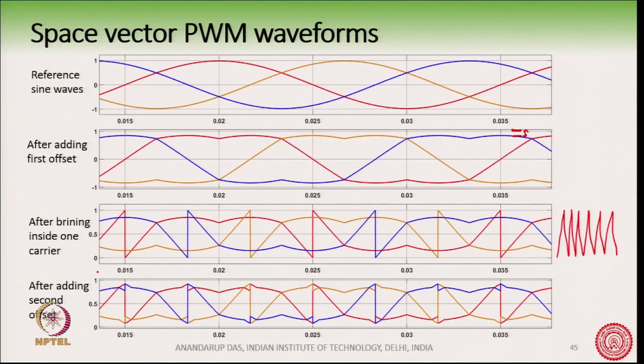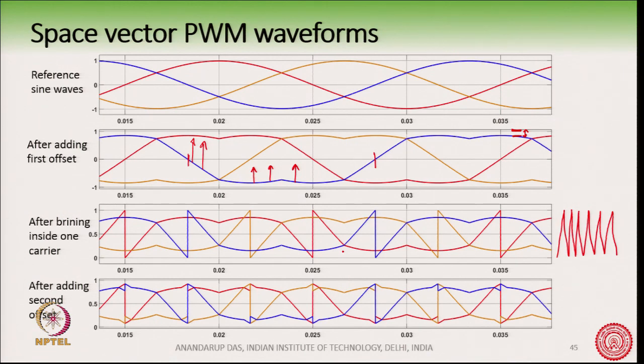Now, what we have done is we have shifted this waveform wherever it was negative, wherever it was less than 0. For example, from this to this point the blue waveform is negative, and so we have pushed the blue waveform up. From here onward the push has happened. So, the blue waveform is now between 0 and 1, and therefore it is spanning the single carrier. Okay. We have shifted it up.